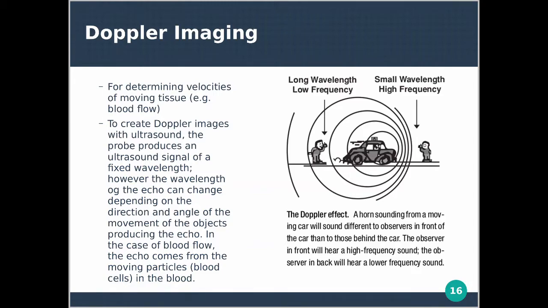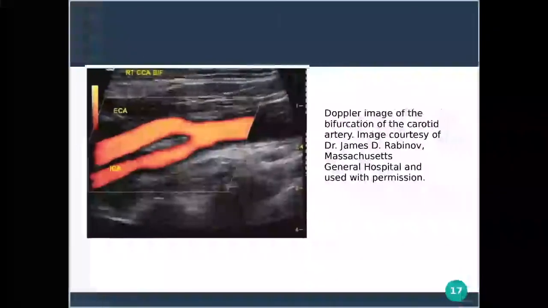Based on the frequency that it receives back, because the tissues bounce back the ultrasound sound waves, and because of the Doppler effect, you can know the velocity of those objects that cause the bounce. So that's basically Doppler imaging.